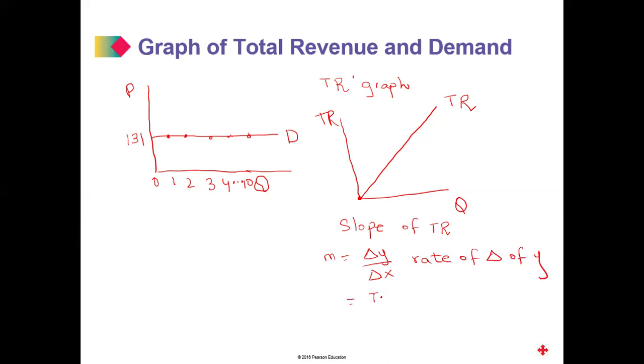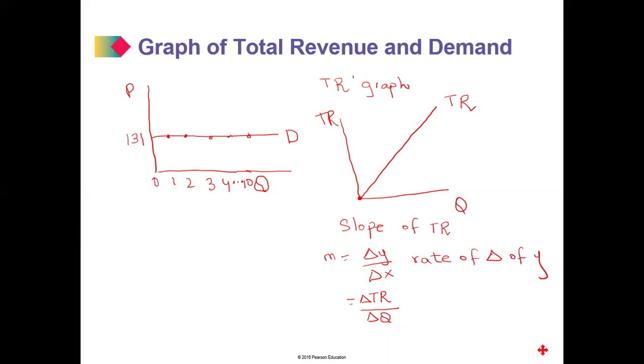In the y-axis, we have total revenue, and in the x-axis, we have quantity. So over here, the slope of total revenue is the change in total revenue divided by the change in quantity. It is telling us the change in total revenue when you change quantity by 1 unit.